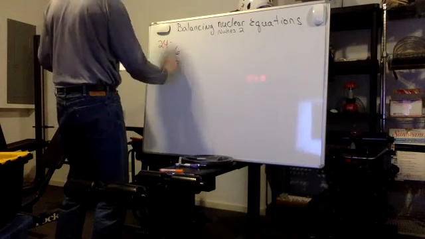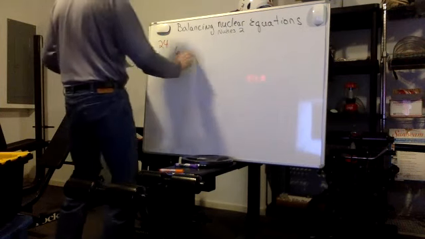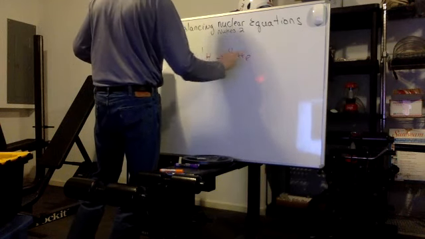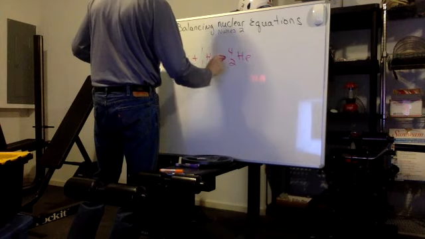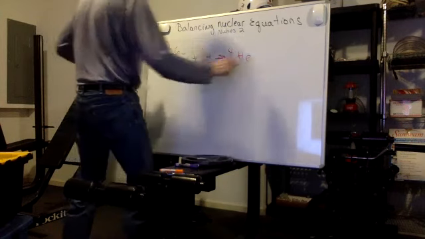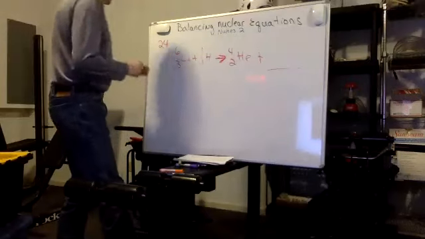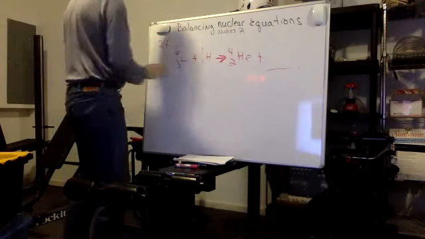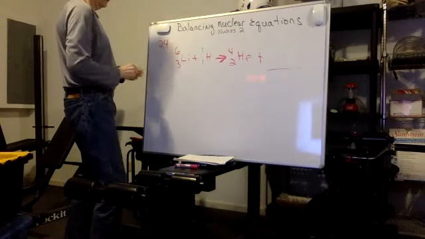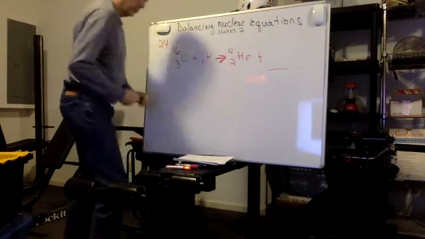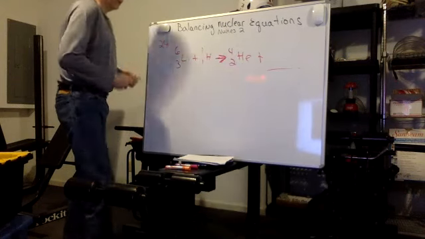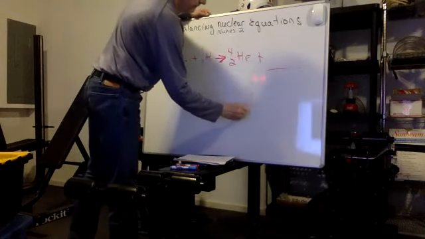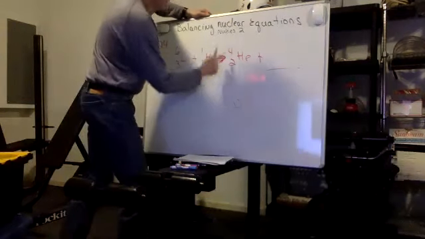Number 24. Do the top. 6 plus 1 is 7 on top. And then we have 3 and 1. We have 4 on the bottom. Bring the top over. This is the top. Got 7. Knock out that 4.